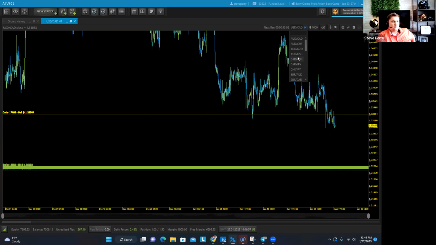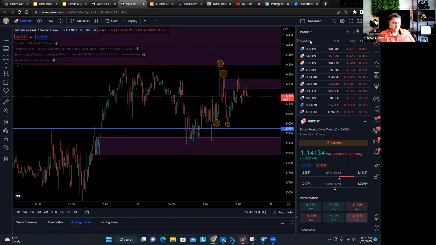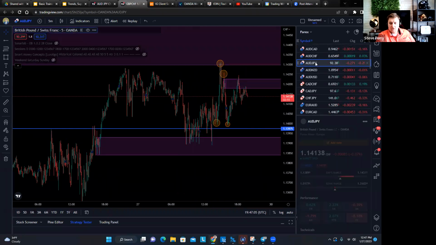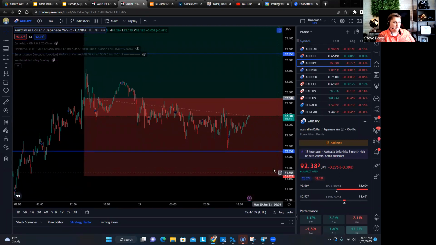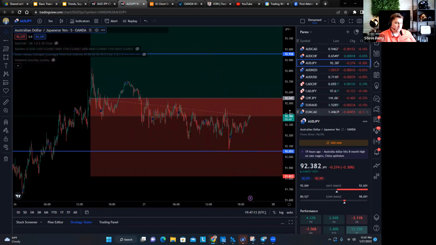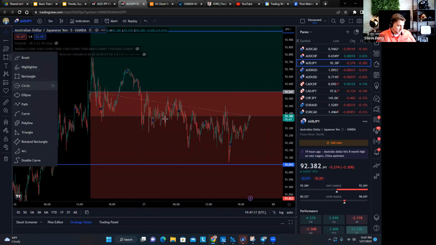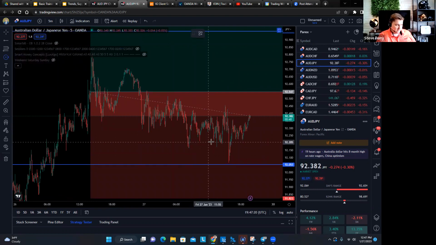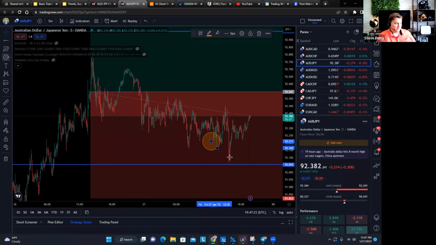And then you guys know I'm long on the Aussie yen, which I don't have on that account, but I am long on the Aussie yen. And yeah, I'm just waiting for this guy to break up. This one looks really good on the smaller time frame. Just a real quick side note for those of you that are here, this nice reverse head and shoulders that just popped up on a 5-minute chart.